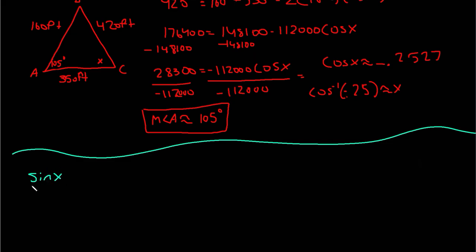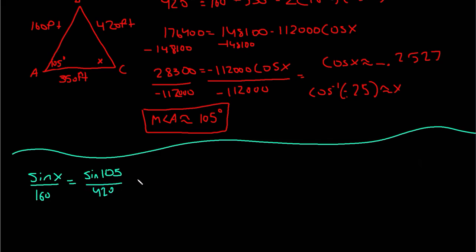So we're going to have the sine of x, and we look at the side length opposite to it, which is 160. So sine of x over 160 is equal to the sine of angle A, which is sine of 105, over 420.